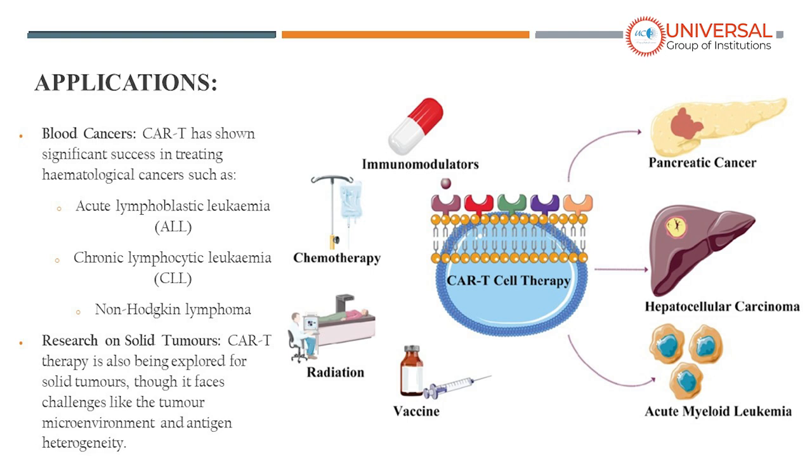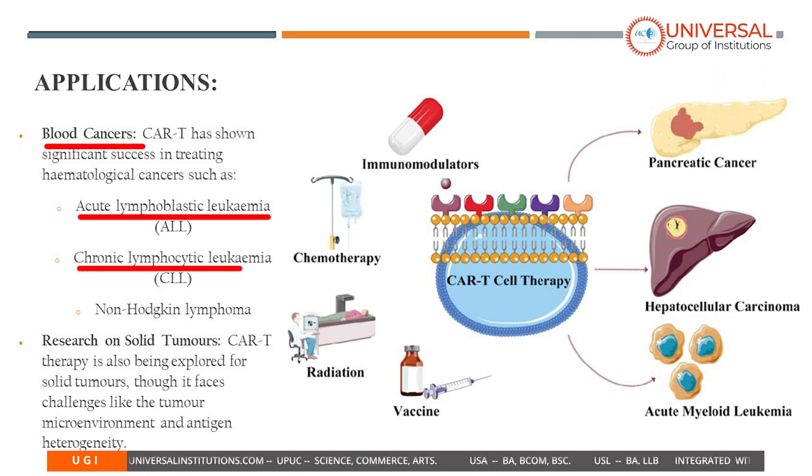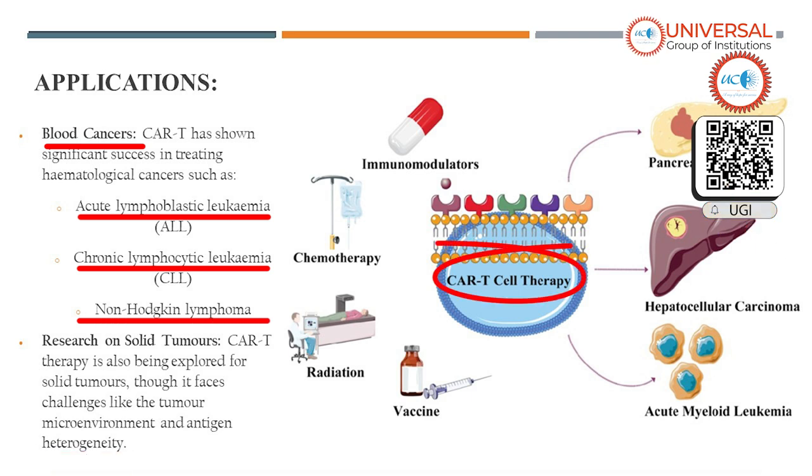Now we'll look into the applications of this CAR T therapy. The application of this patient-specific or targeted approach can be seen in blood cancers, where acute lymphoblastic leukemia and chronic lymphocytic leukemia can be treated, and non-Hodgkin lymphoma can be treated with the help of this CAR T-cell therapy.